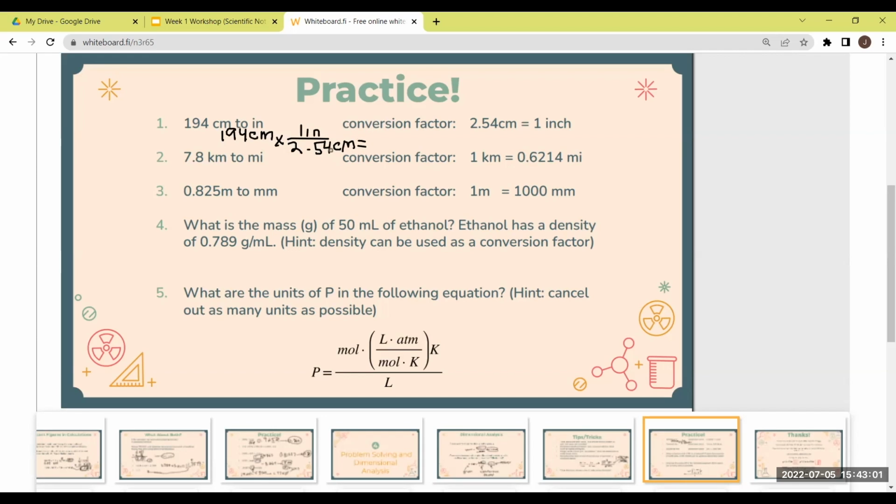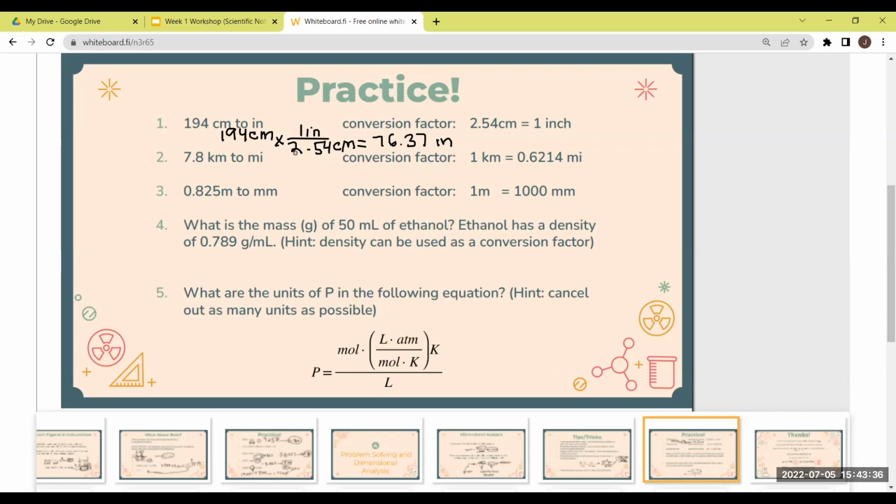And then if we put this into our calculator, 194 divided by 2.54, we're going to get an answer of 76.37 inches.